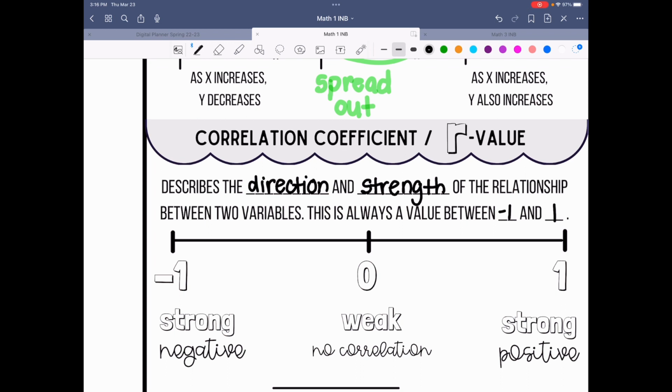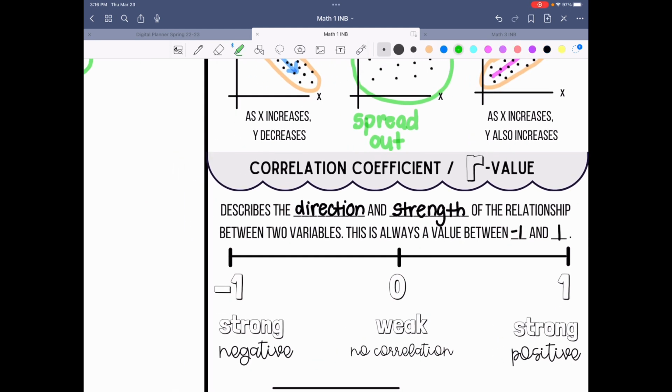So how do I know? Well, 0 means that it's going to be weak or no correlation. 0 itself means no correlation. As I move away from 0, that's when I have a weak correlation.